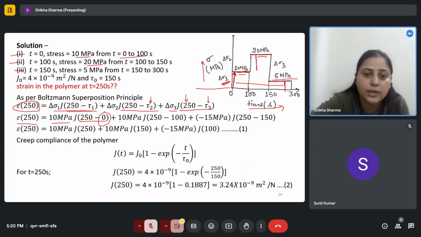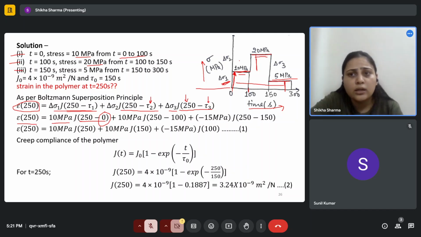So 0 is taken, plus delta sigma 2, which is this value. It is applied 20 megapascal. So 20 megapascal minus 10 megapascal, because sigma 2 is this value. After 10 megapascal, this is increased to 20 megapascal.